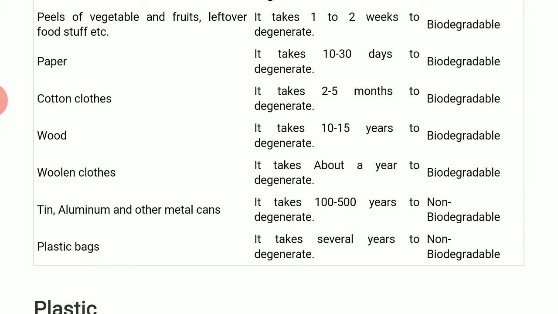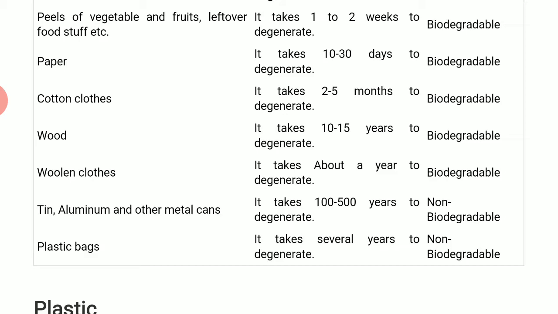Metals like tin, aluminum, and other metal cans take 100 to 500 years to degenerate. They are non-biodegradable. Even plastic bags take several years to degenerate and are considered non-biodegradable.